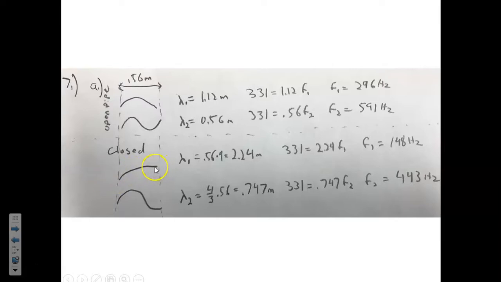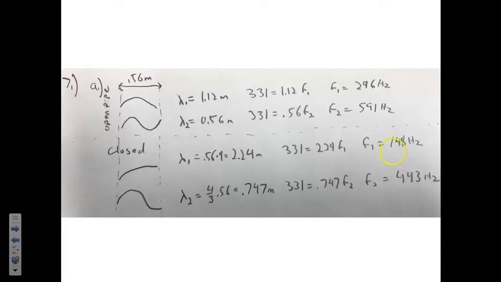Because it's only 1/4 of the wave, we're going to multiply 0.56 times 4, and we get that the wavelength is 2.24 meters. Plugging that into v equals lambda f, we get that the first frequency of the closed harmonic is 148 hertz.